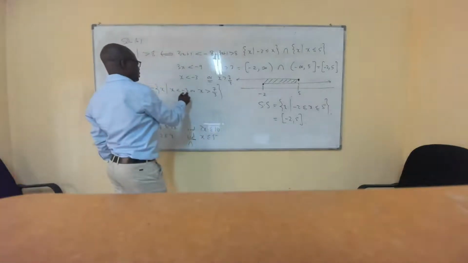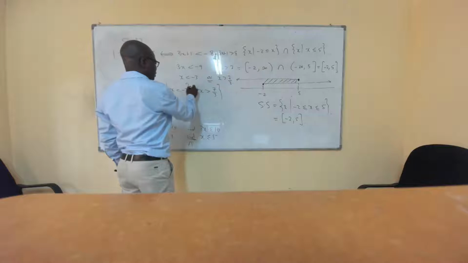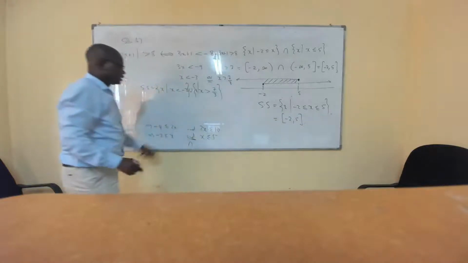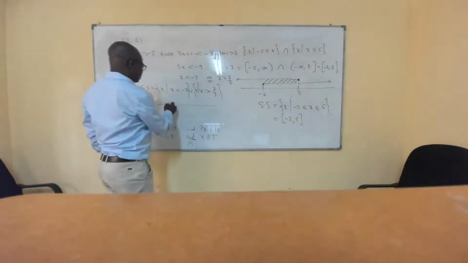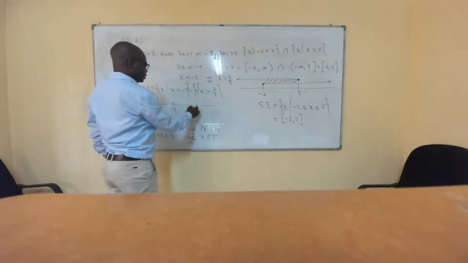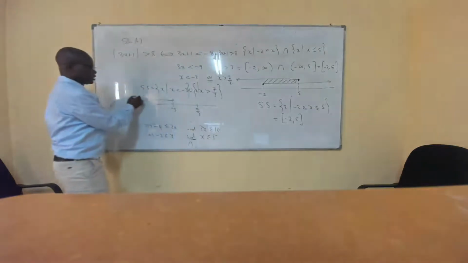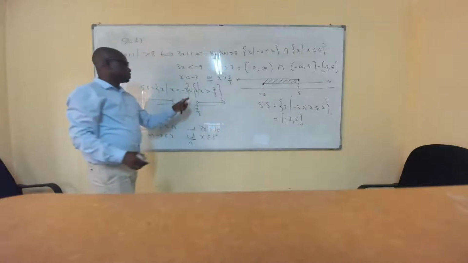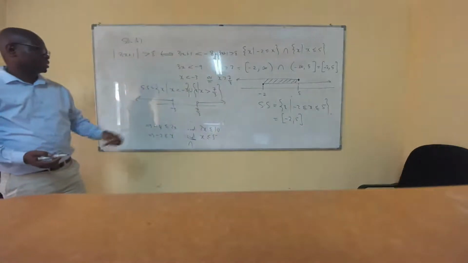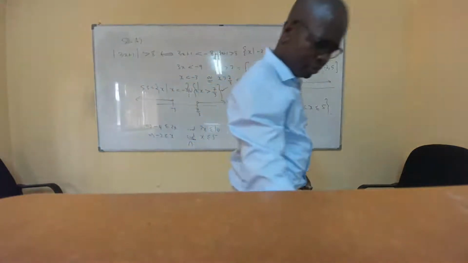If you want, you can even separate them: the union of the set of all x such that each condition holds. If you take the union, you have minus 3 and you have 7 over 3 here. This one is going this side, and this one is going that side, so there's no way you can simplify it. So this is the correct solution set.